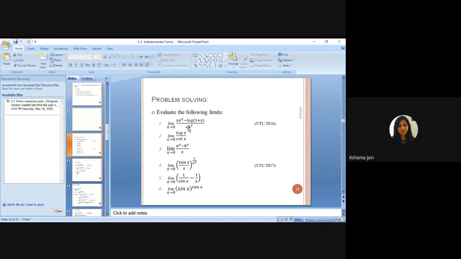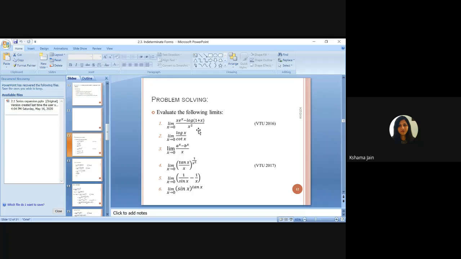That's why 0 by 0 is also an undefined value. So you will write indeterminate form 0 by 0. 1 mark is for showing what type of form this is. Before applying L'Hospital's rule, you need to show what type of indeterminate form it is.